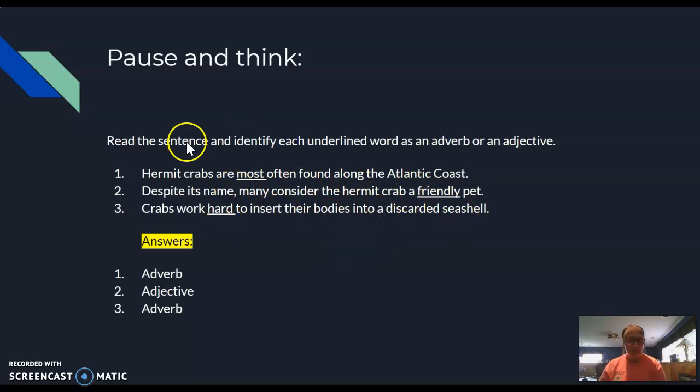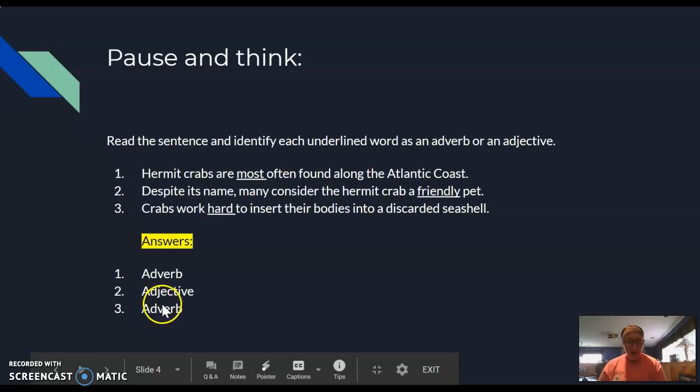No. The seashell is hard? No. We've tried out all the nouns. We know that hard is not modifying any of those nouns. So yes, hard could be an adjective in other sentences, but it's not in this one. Because what we're saying is the crabs work hard. Our verb is work. We're describing how they are working. They are working hard. It's an adverb, describing a verb.